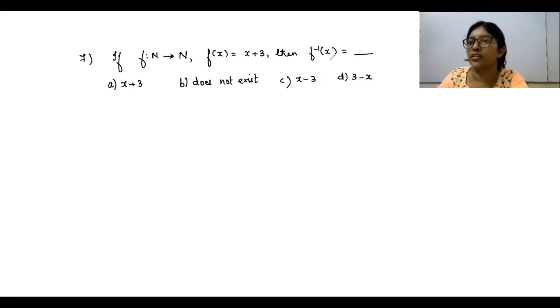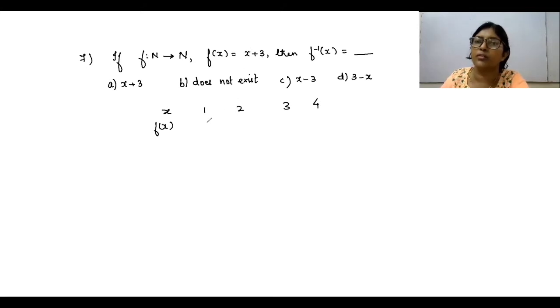So here we have to find f inverse x, and for f inverse x the function should be 1-1 and onto. And over here, if we notice, the function will be 1-1 because there is not going to be any value which will be repeated, or if it is natural numbers we can just put in different values and check.